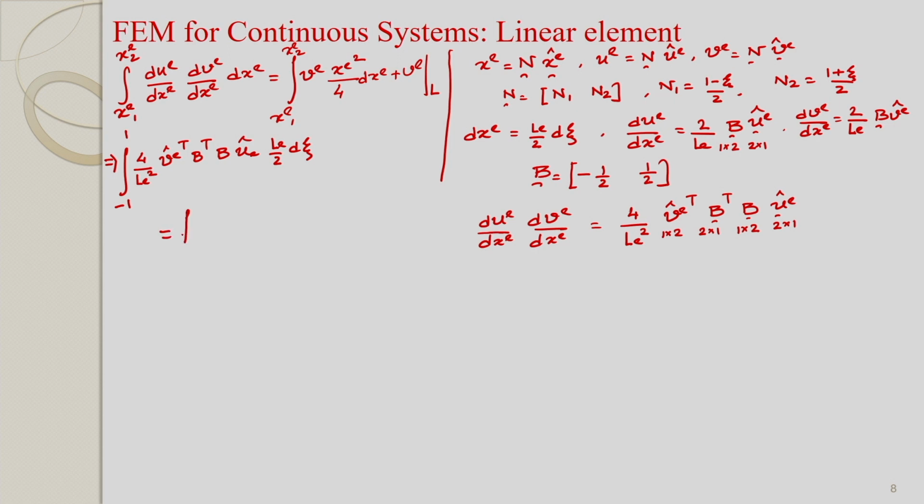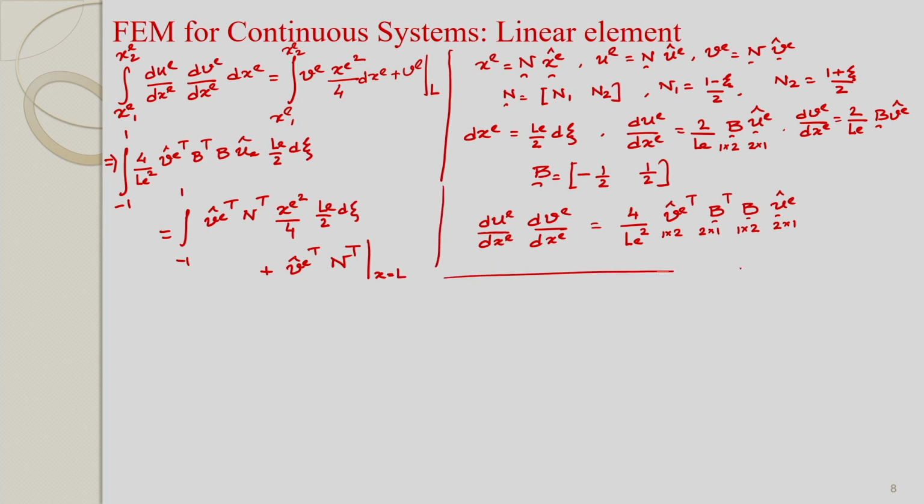In RHS, again this VE we can write as VE transpose N transpose xe square by 4 Le by 2 d xi from -1 to 1, plus this VE we can write VE transpose N transpose at x equal to L. Now, in the first term, if you see, this nodal quantity VE hat and UE hat, they are not function of xi.